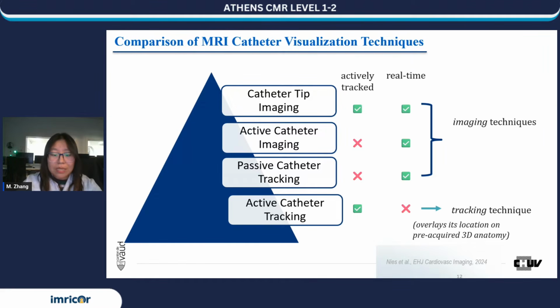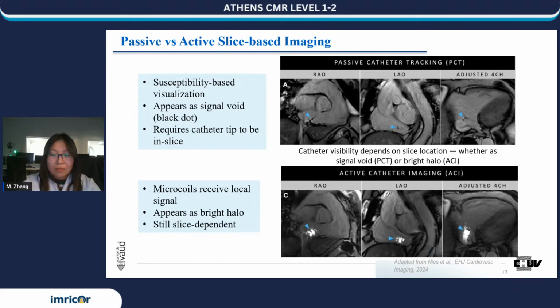Let's compare them slide by slide. These are the most widely used imaging methods today, including passive catheter tracking and active catheter imaging. In passive catheter tracking, susceptibility artifacts caused by metallic or paramagnetic materials lead to signal void, which appears as a black dot, but it's only visible when the catheter tip is exactly in the image slice.